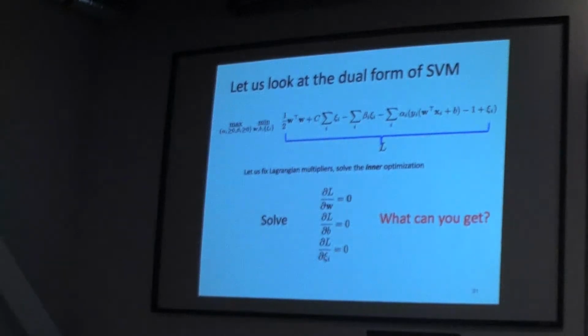How can we solve this inner minimization problem given the Lagrange multipliers are fixed?